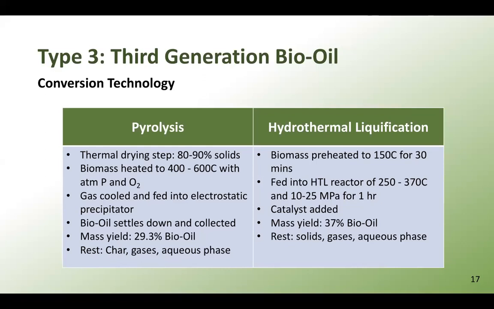It is then fed into a reactor where it is heated further to 250 to 370 degrees Celsius, but with a larger pressure, so 10 to 25 megapascals for 1 hour. And a catalyst is added to facilitate this conversion. The result is basically 37% bio-oil, and the remaining substances that are produced are solids, gases, and an aqueous phase.